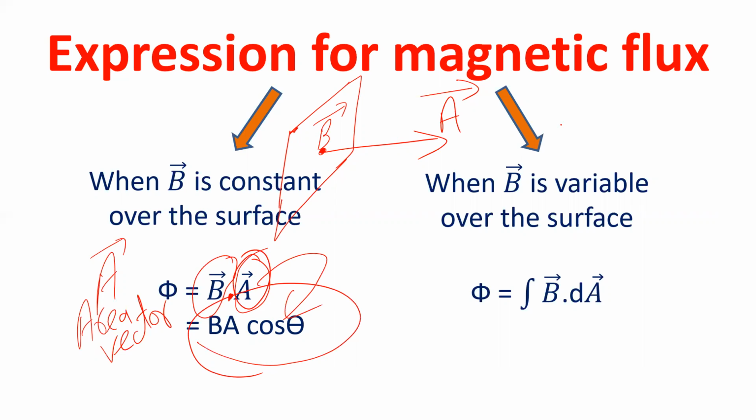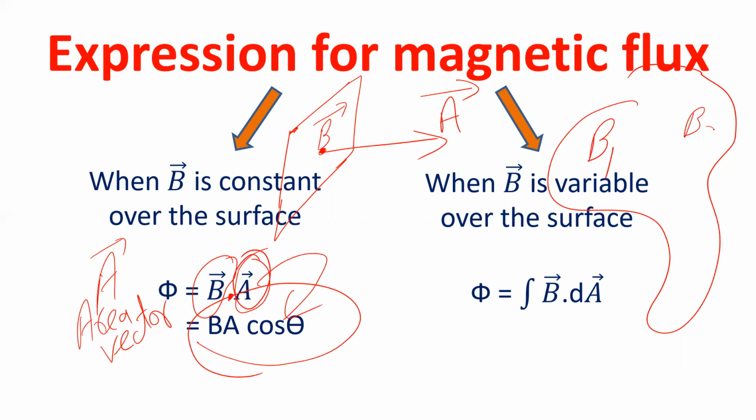But suppose we have a curved, three-dimensional surface, and we are having some value of B here, another value of B here, and another value here. That means B is not constant over the whole surface. In that case, magnetic flux is defined as the integral of B dot dA. That's the basic mathematics, how we write it.